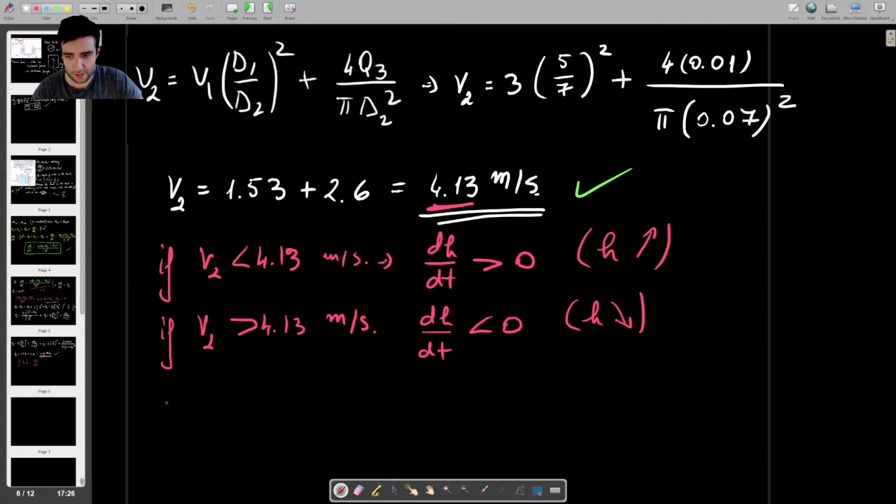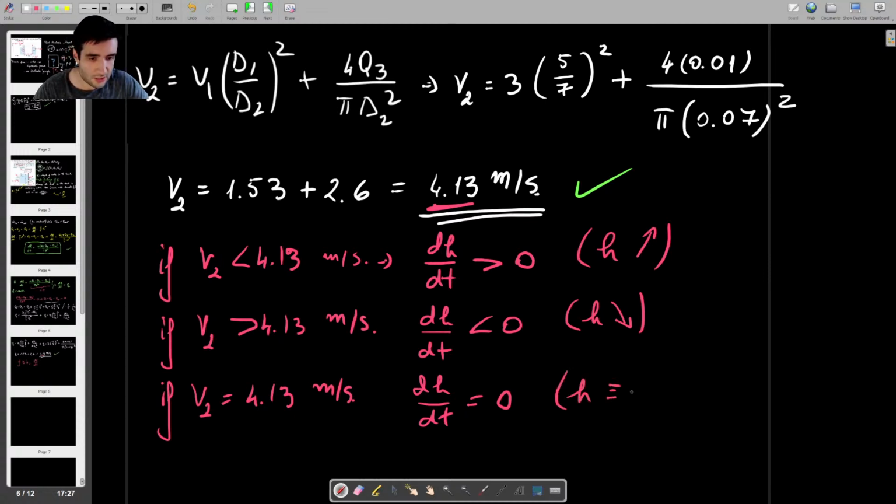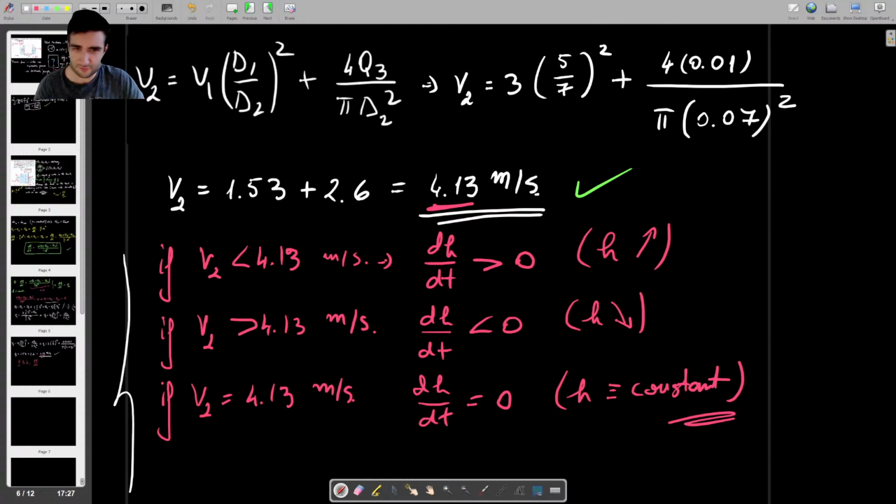And the only time where you have equality, so if V2 is precisely equal to 4.13 liters per second, then dH by dt is identically 0, which corresponds to the h being constant. So there we go. That's the question, and this is part of trying to understand the question a bit better.